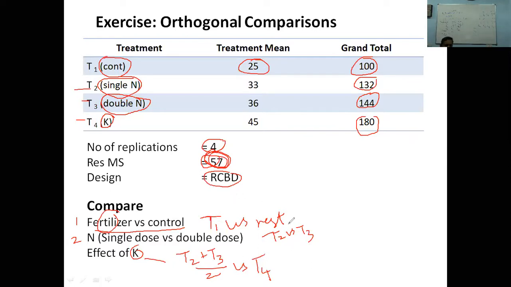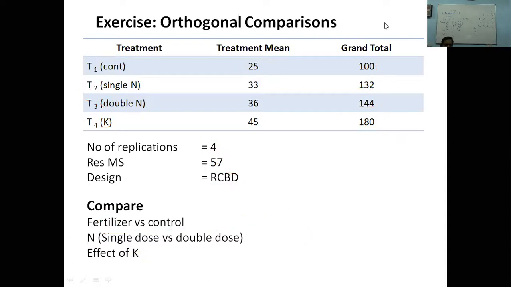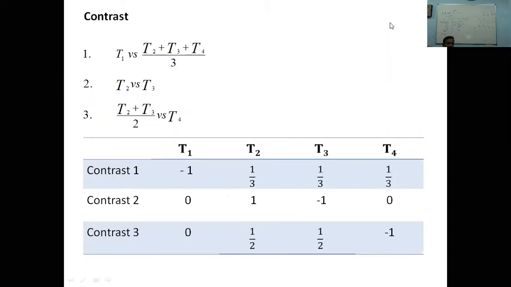So this is my contrast. The same contrasts appear here: T1 versus T2, T3, T4, as I said earlier. Then T2 versus T3, T2 plus T3 versus T4.